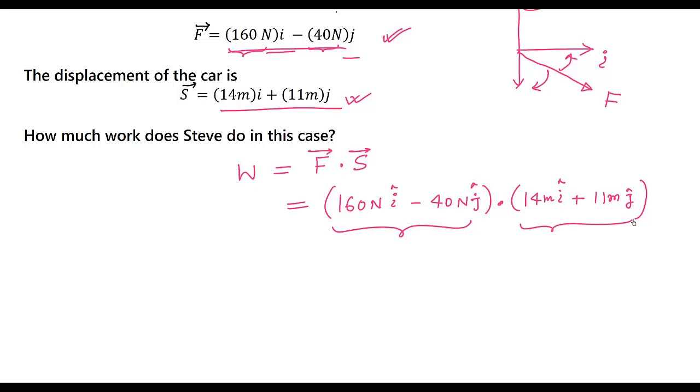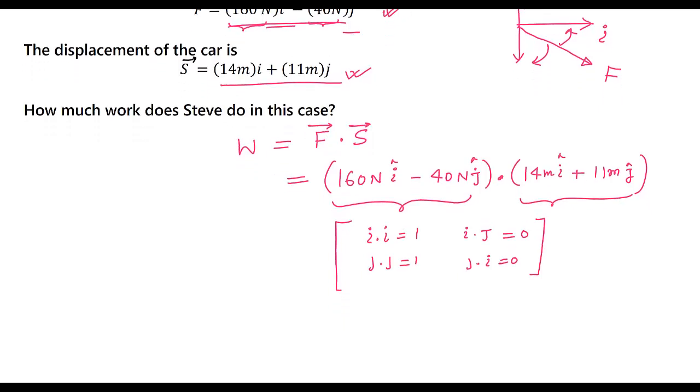Now at this point you should know some results from mathematics: i dot i is equal to 1, j dot j is equal to 1, i dot j is equal to 0, and j dot i is equal to 0. You can prove this result, and I am assuming that you know it.